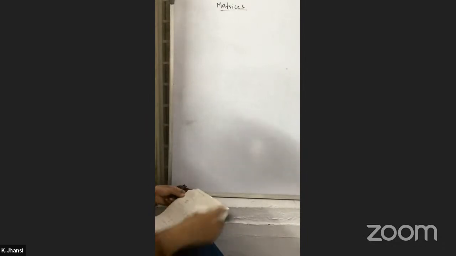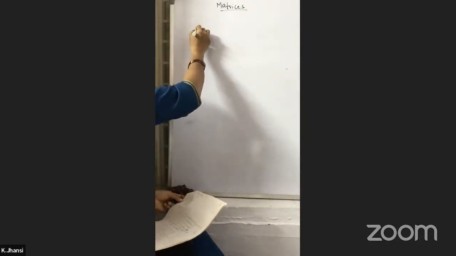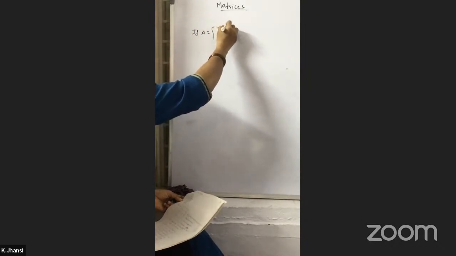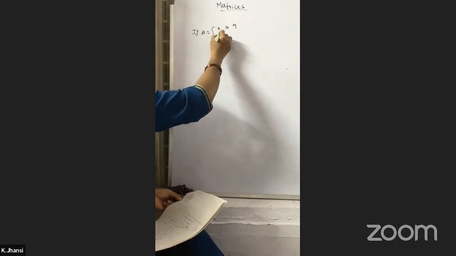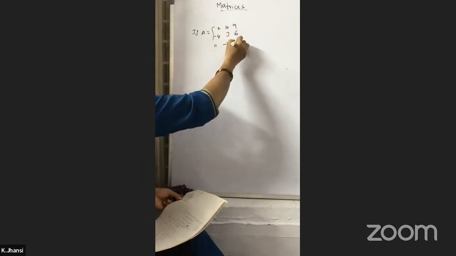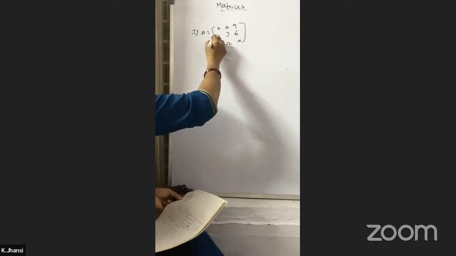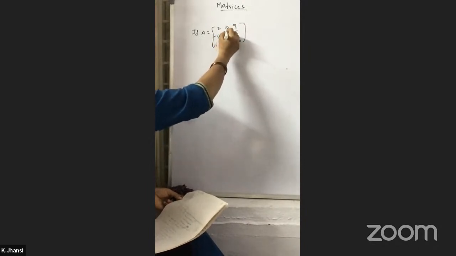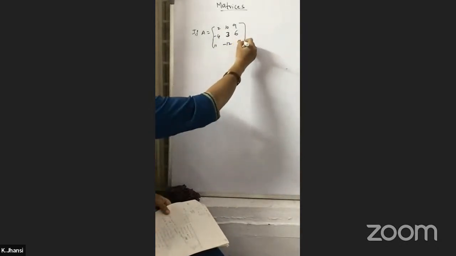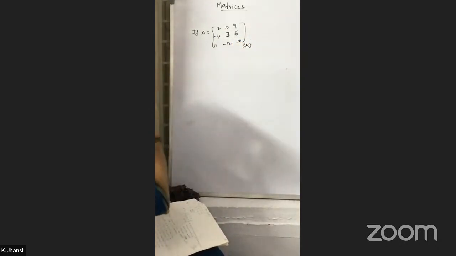Okay. So if A equals 2, 10, 9, -4, 3, 6, 11, -12, 10, they have given these very big values. That's why you are getting large numbers as the answers.